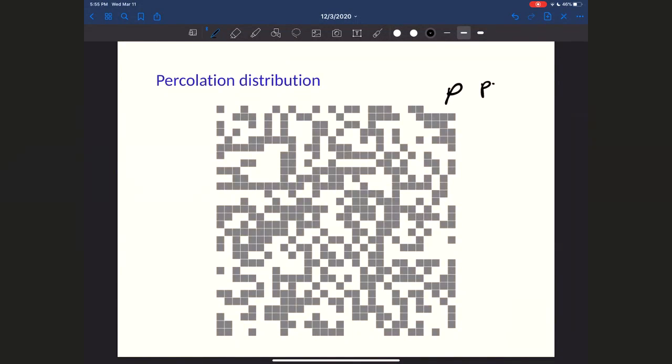We're going to put a tile, and with probability 1 minus p, you don't put a tile. Usually what people in percolation do is look at the giant component. So they look for what the threshold for p is that, if I run this experiment, will give me an infinite component. That is one very interesting question.